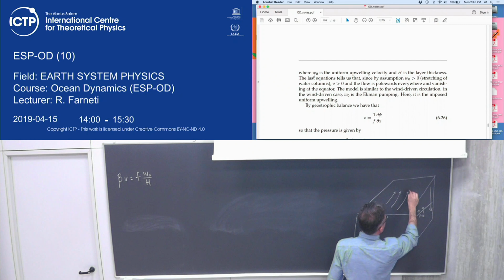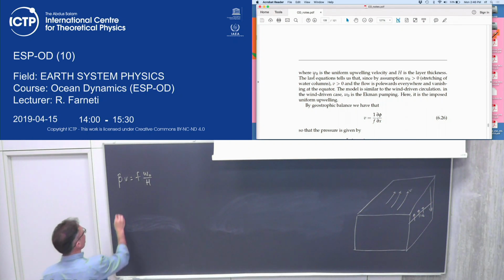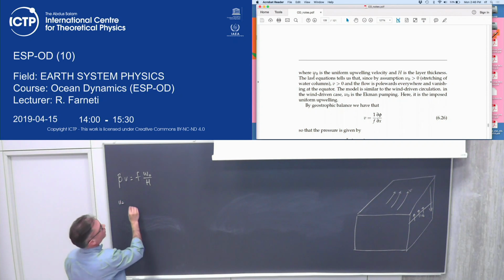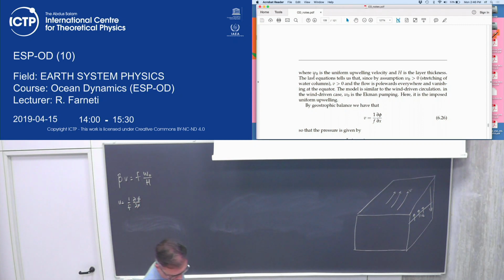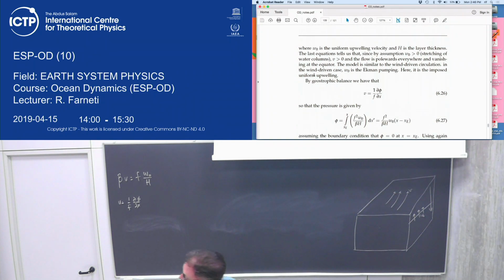Okay, so this is going to be my meridional velocity, which is positive. Now you know geostrophic balance. That gives you v equals 1 over f, the pressure gradient. Okay, so let's do this.